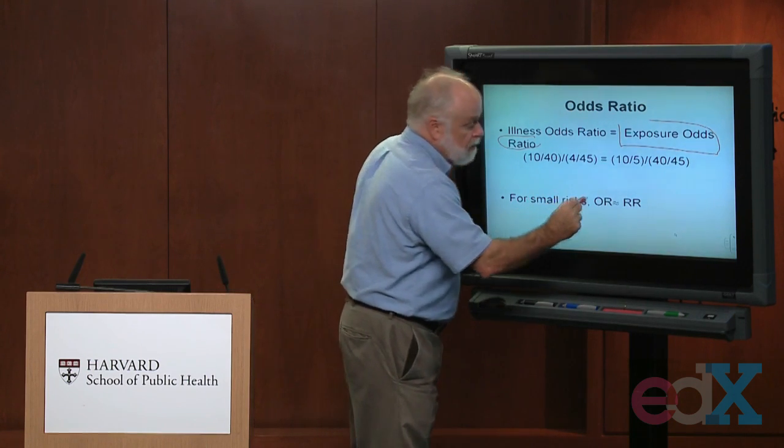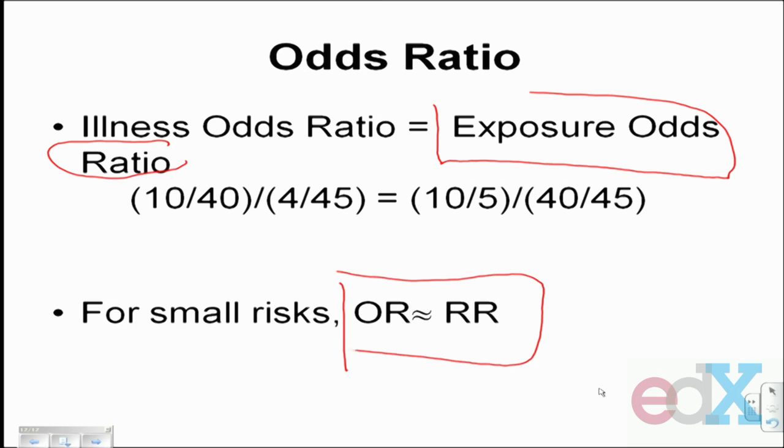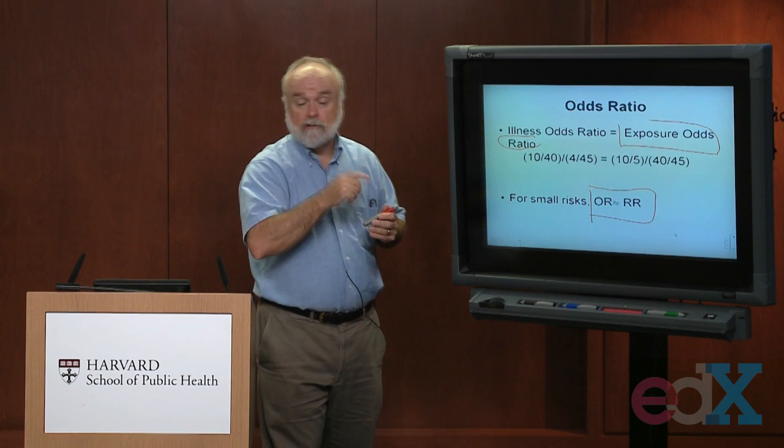So if you're doing a study and you're following people up to see who developed the disease and you're measuring estimated risks in these two groups, cumulative incidence, and both numbers are small, and you take the ratio of those to calculate a risk ratio, numerically you're going to get a very similar answer to the value for the odds ratio. Because for a rare outcome, a small risk is approximately the same as odds. So therefore, if both of my risks are small, their risk ratio is going to be approximately the same as the odds ratio.